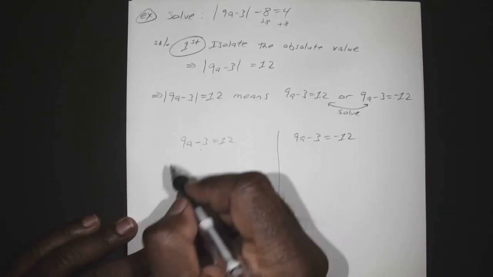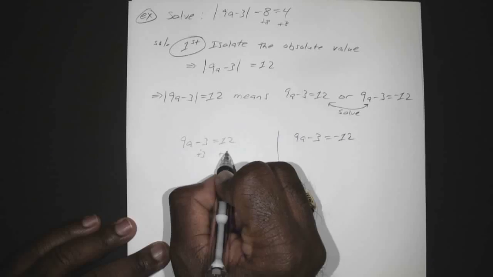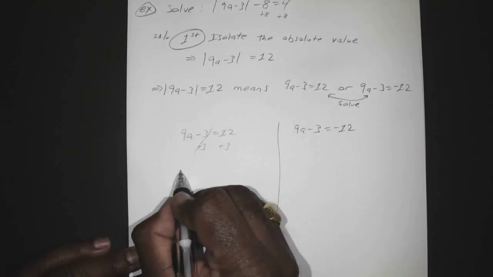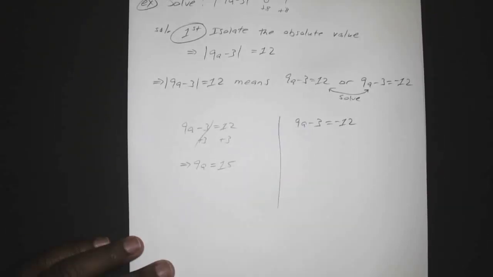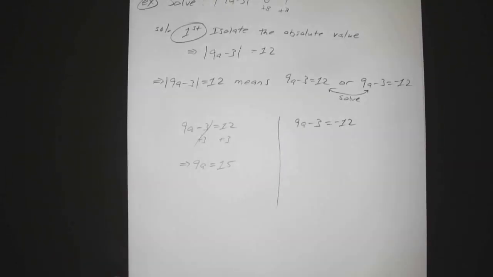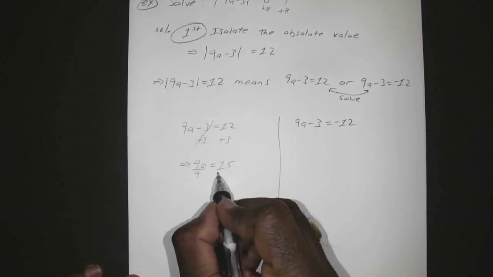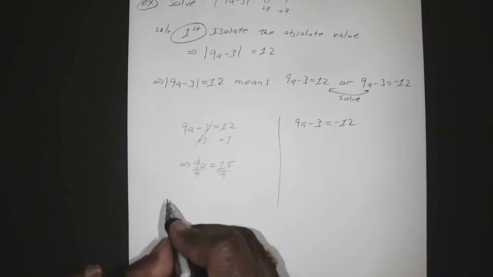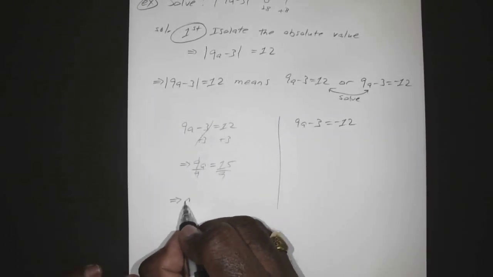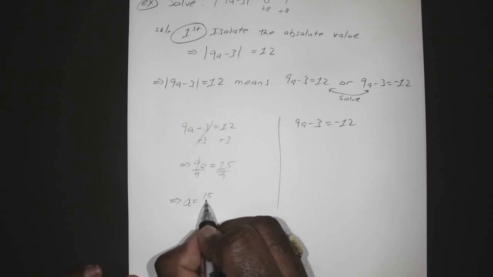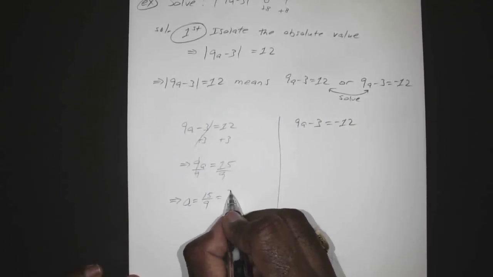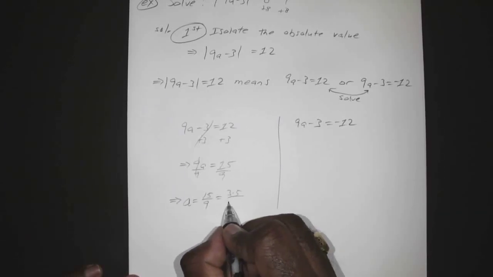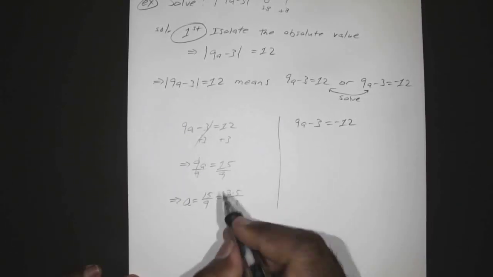Add 3 to both sides. We have 9a equals 15. Divide both sides by 9. We have a equals 15 over 9, which we know 15 is 3 times 5, and 9 is 3 times 3.